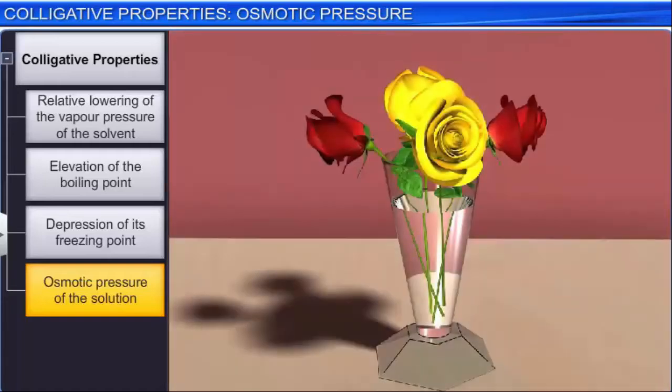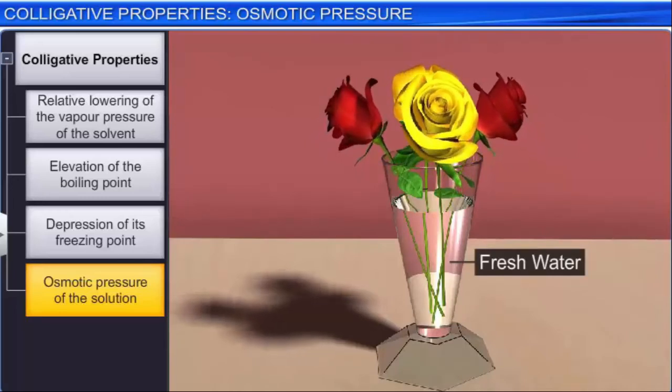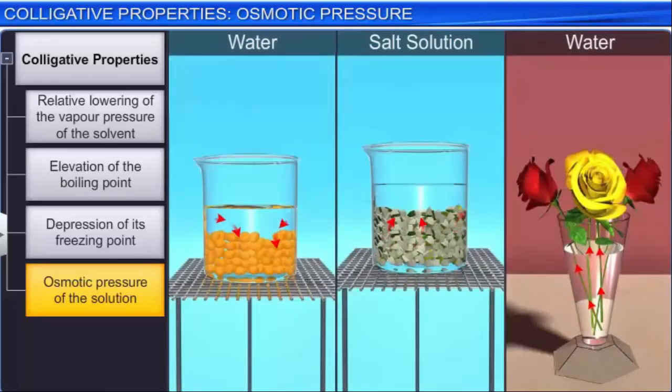Similarly, if we place wilted flowers in fresh water, they are revived. All these processes have one thing in common. There was a flow of water molecules either to or from the substance. Secondly, all the substances were bound by membranes. This phenomenon is called osmosis.